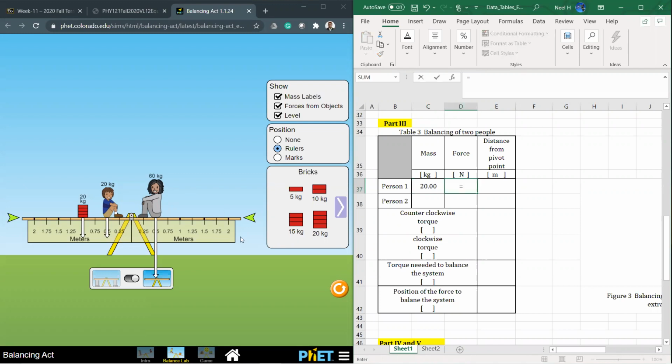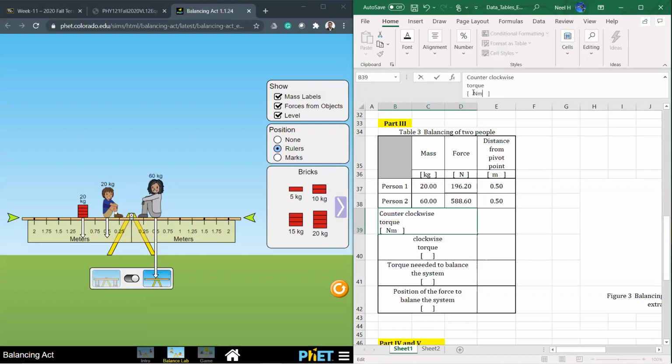Multiply by 9.81 to get the weight. The distance from the pivot point is about 0.5. And the larger person is 60 kilograms. The weight applied by the larger person is about 588. Distance is the same, 0.5.